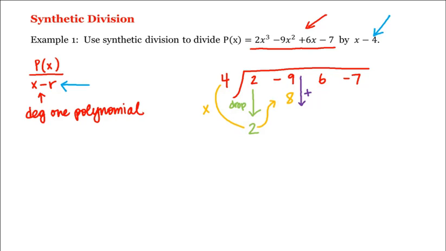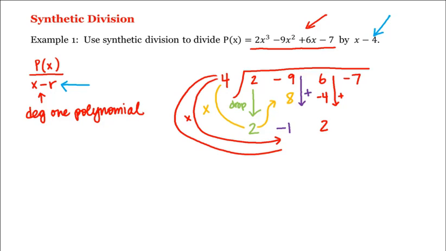So -9 plus 8 is -1. And now we continue this pattern. So we multiply the 4 and the -1, which gives us -4. Again, we're going to add, which gives us 2. And then we multiply, which gives us 8. And then we add, which gives us 1.